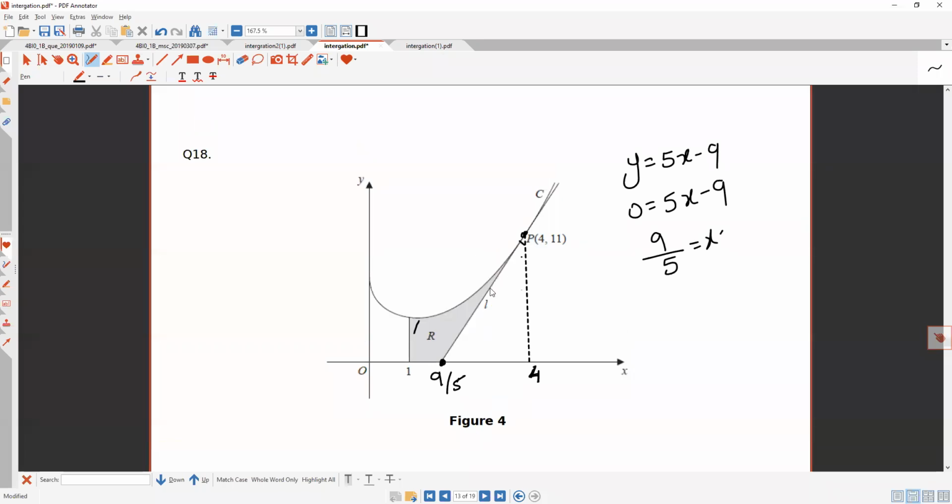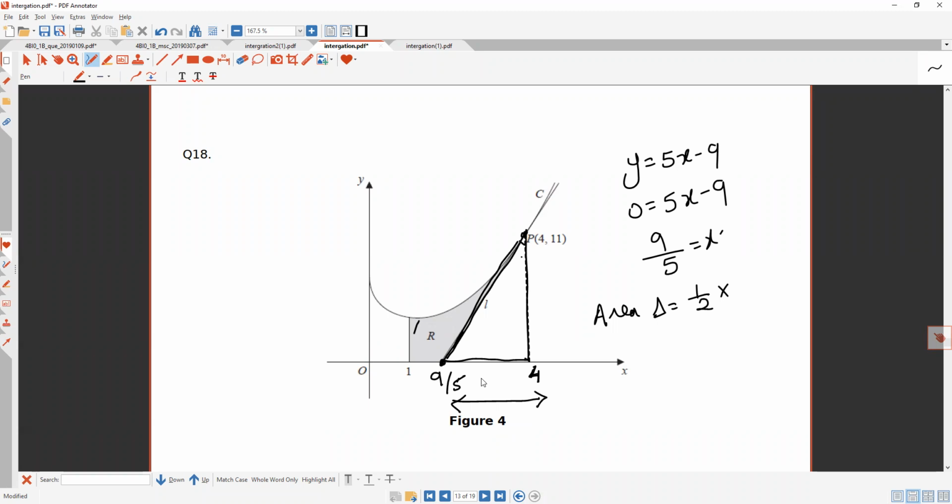Okay. Now let's find the area of the whole triangle. Half base into height. So the area of the triangle is half base. Now the base is 4 minus 9 by 5, because I don't know how much it is. I need to find the gap. So 4 minus 9 by 5 in your calculator, please.